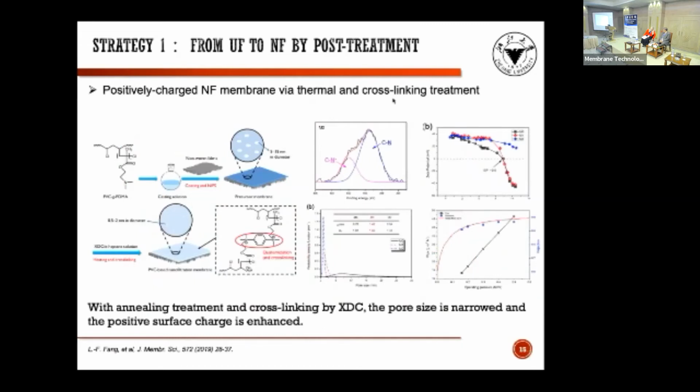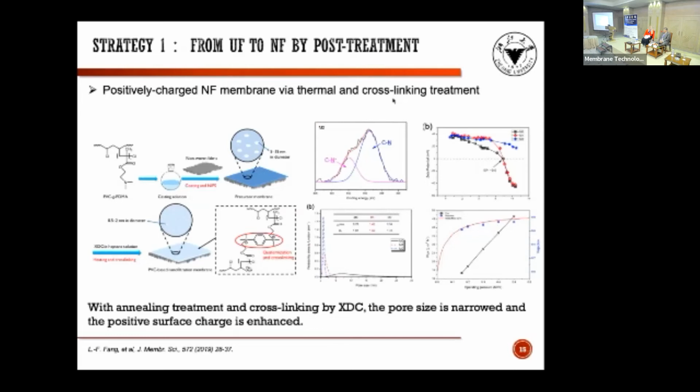Due to the weak charge in the previous work, we introduced XDC, which can quaternize and cross-link the tertiary amide groups during the thermal process in the post-treatment. Obviously, the pore size decreases from the UF range to the NF range. More important, the membrane becomes more positive.